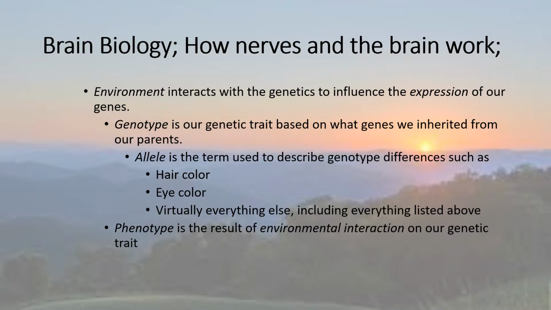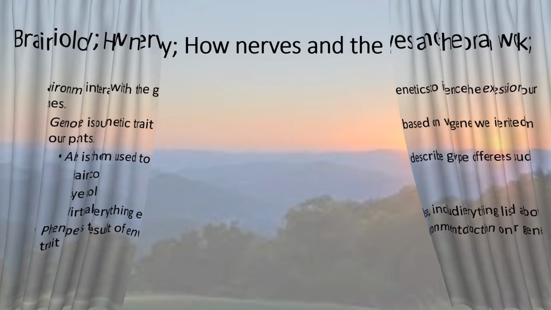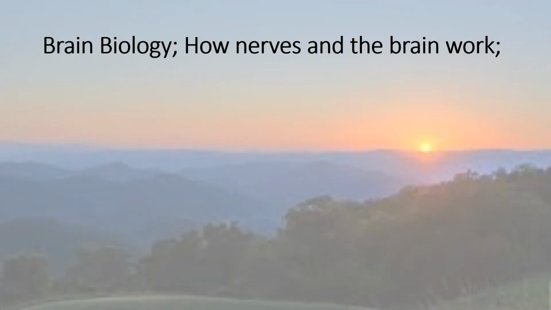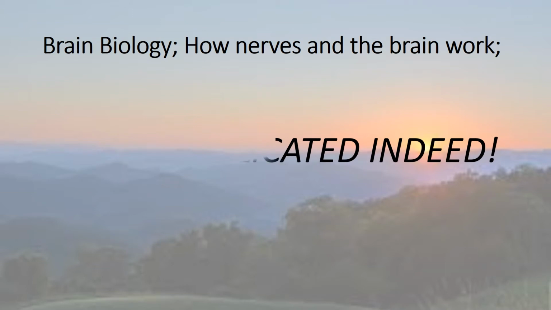Genotype is the term used to describe our genetic trait based on what genes we inherited from our parents. Allele is the term used to describe genotypic differences such as hair color, eye color, virtually everything else, including everything listed above. Phenotype is the result of the environmental interaction on our genetic trait. This is very complicated indeed.